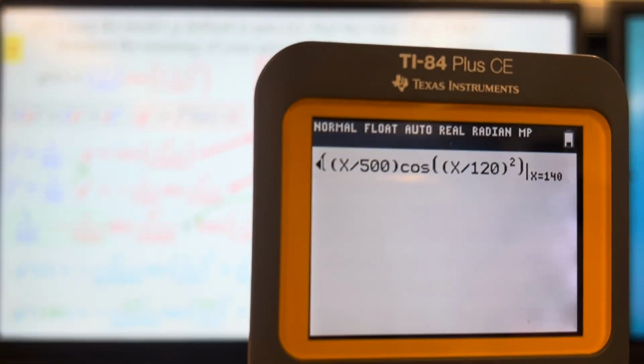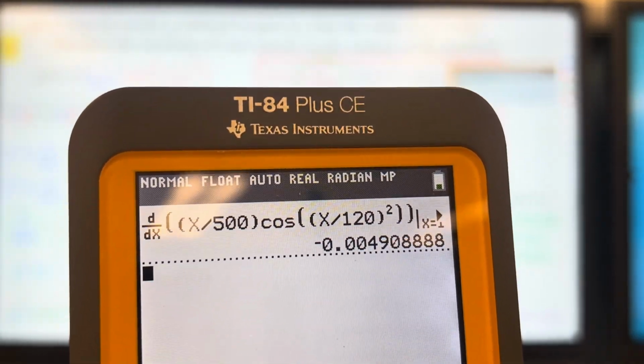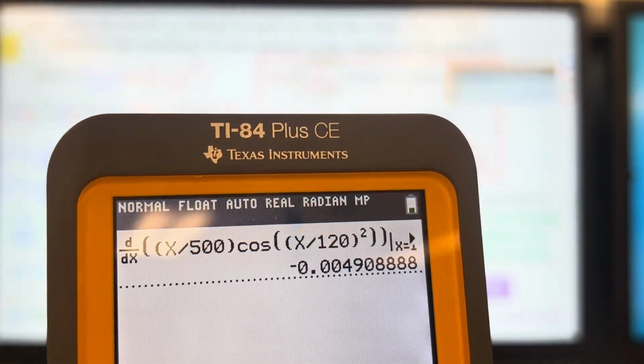If you type in something like this, instead of doing all that work, it should spit out the answer, and it spits out negative 0.00491, which is the exact answer we got.